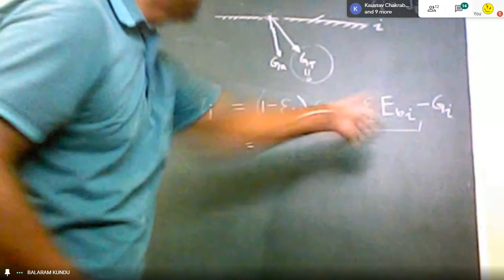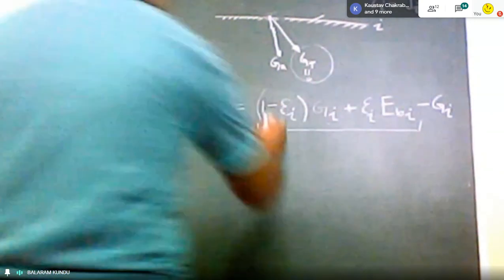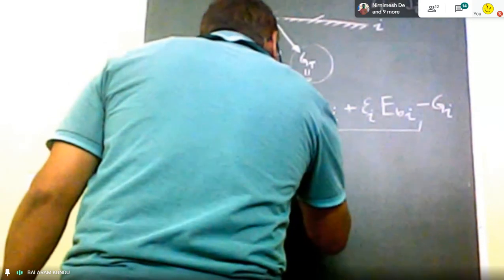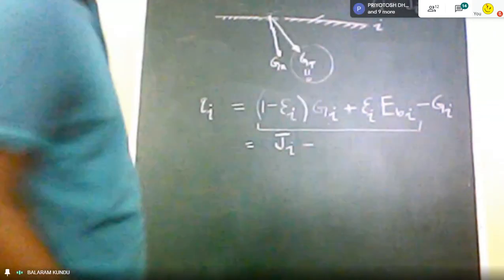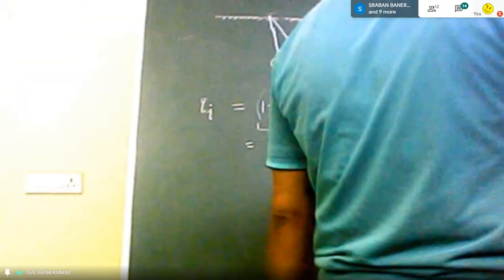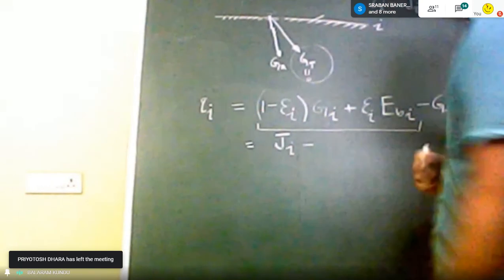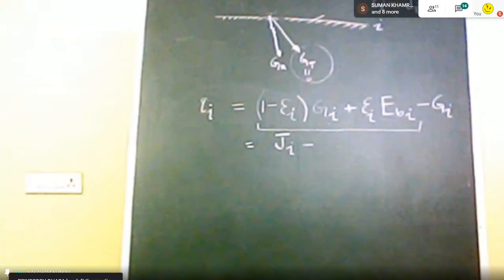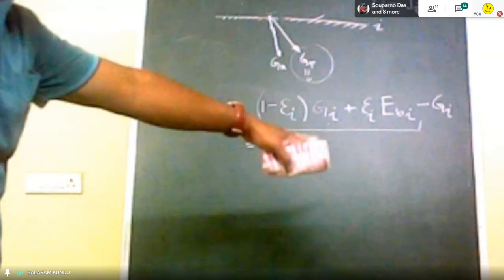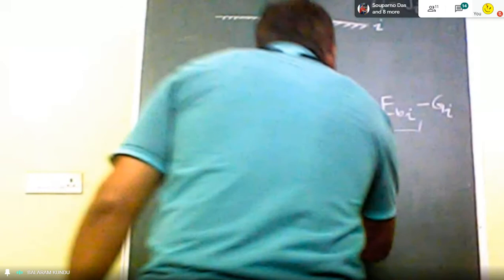Instead of this, you just consider Ji here. I think this step is necessary. So Ji minus Gi. We want to replace Gi. So from the Ji, we can write Gi. So this is Ji minus Gi. I think it will be better for understanding.